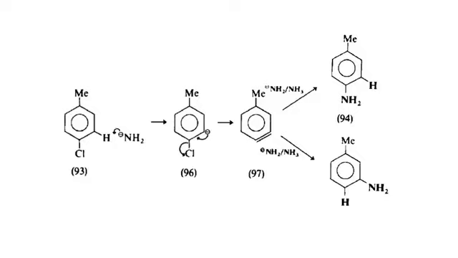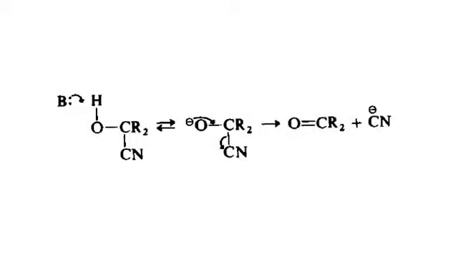This can be attacked by other groups to give addition products as seen in the figure. Another example where the E1CB elimination mechanism is followed is the formation of carbonyl compounds from cyanohydrins. Here, there is the elimination of HCN from the cyanohydrin to give the carbonyl compound.